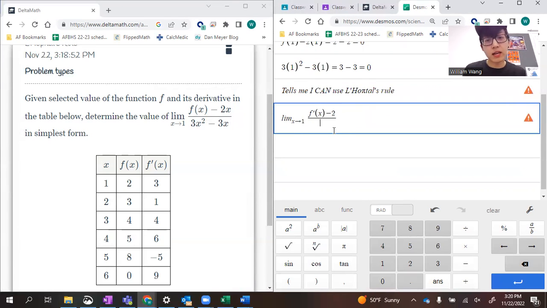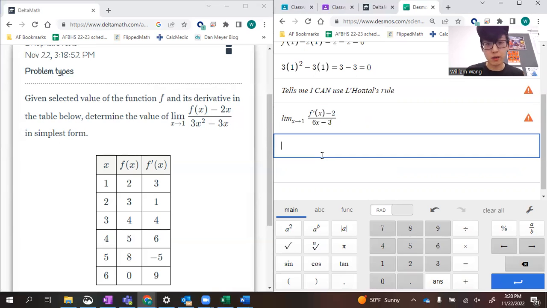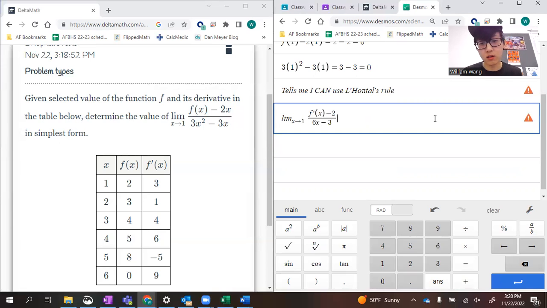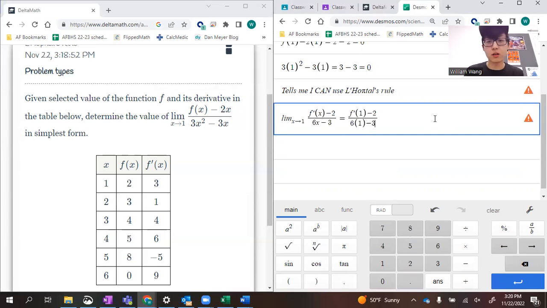Derivative of the denominator, I think you all know that, it's 6x minus 3. Cool. So I'm going to plug in 1, so it's going to be f prime of 1 minus 2, all over 6 times 1 minus 3.